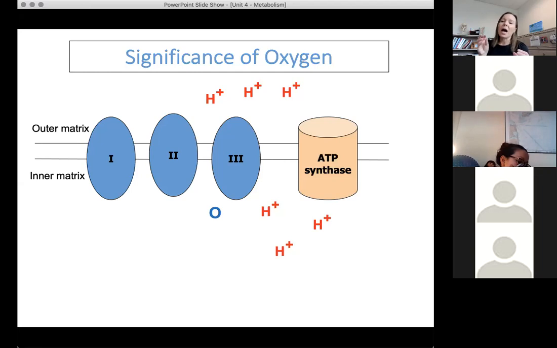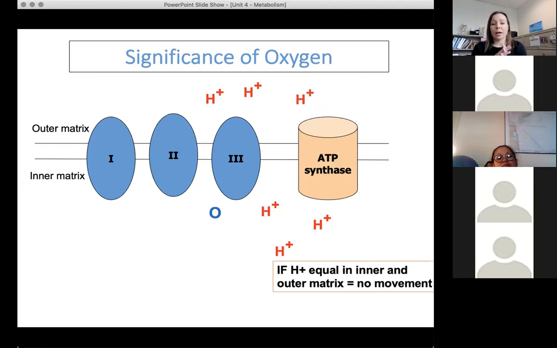And when you bind hydrogen ions to oxygen, you can form water. Water is H2O. So if you put 2 hydrogen ions on an oxygen, you can just make water. And that water is a byproduct of this process. And here's why you have to attach the hydrogen ions to oxygen to make water.